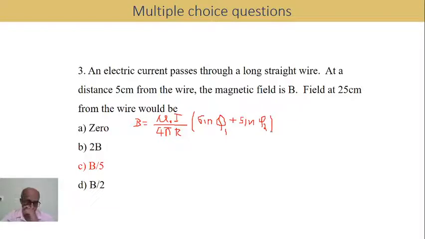From this expression, it is clear that B is inversely proportional to R. Therefore, B dash by B will be equal to R by R dash, as it is inversely proportional.